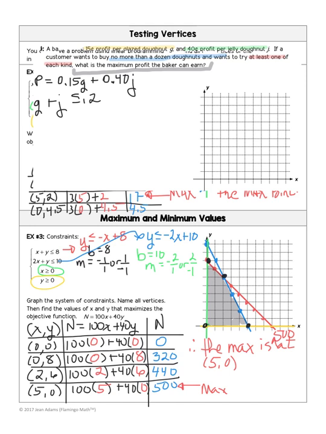Okay, then the customer wants to try at least one of each kind, at least one. So that means the number of glazed donuts that they're going to select has to be greater than or equal to 1. You don't want to do 0 because that would imply less than 1, and they have to try at least 1. And that goes for your jelly as well. Your jelly has to be greater than or equal to 1. So these are your constraints.